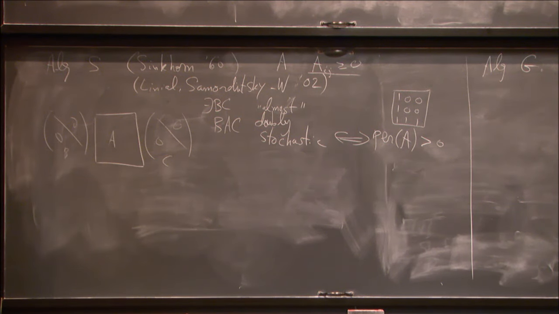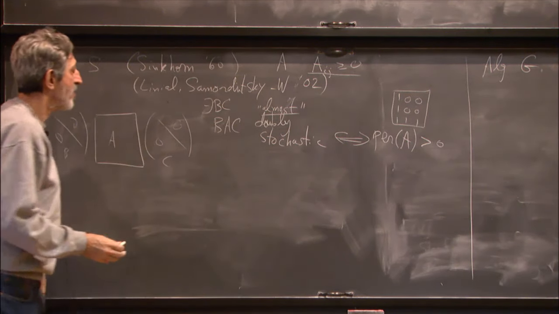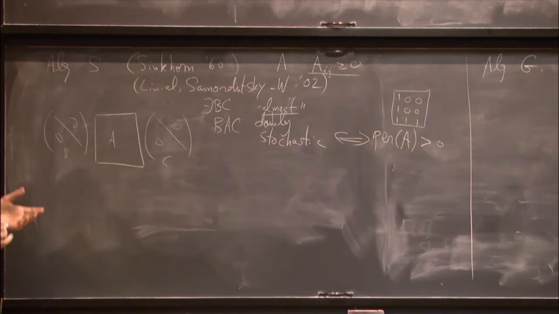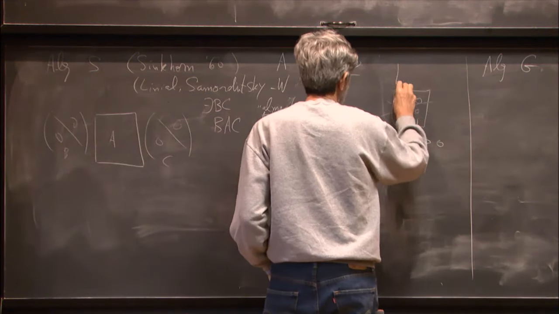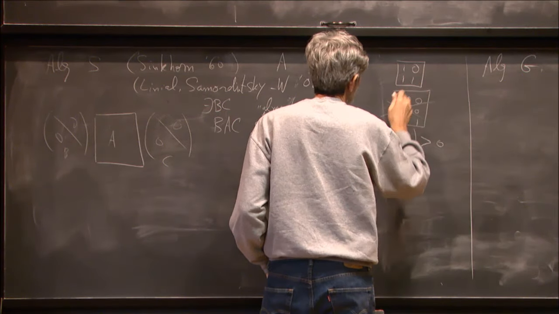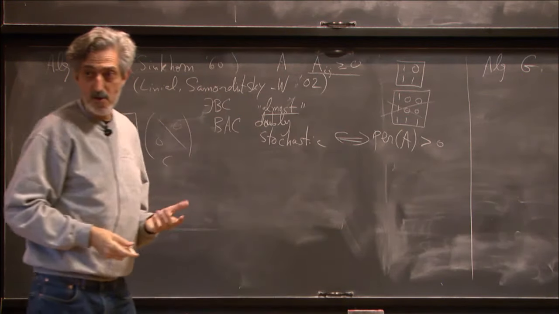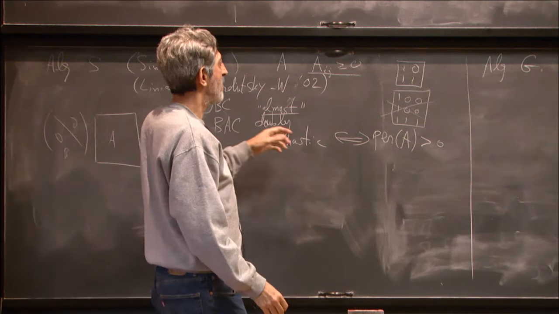So is that more consistent? Yeah, exactly. I didn't define an algorithm yet, but I'm going to. But I first want to tell you what I mean by almost. In some matrices, like this one, you cannot make it doubly stochastic, but you can make it almost doubly stochastic.